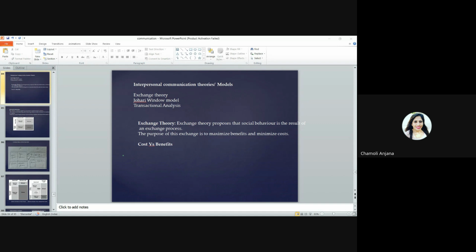As long as they are happy with the relationship and feel that the exchange taking place between the people who communicate with each other weighs more in benefit than in cost, the relationship continues.